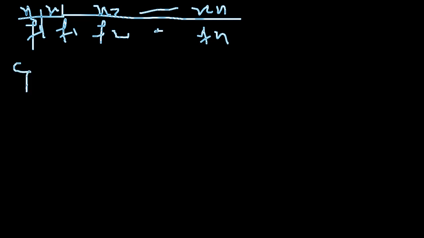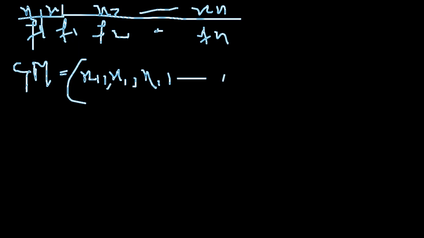So the geometric mean would be, now you know what this means. x1 has frequency f1, which means what? Your x1 number is getting repeated how many times? f1 times. So if you want to write this in individual form, this is written as x1 how many times? Till f1 times. Similarly, x2 will be repeated f2 times, so on.